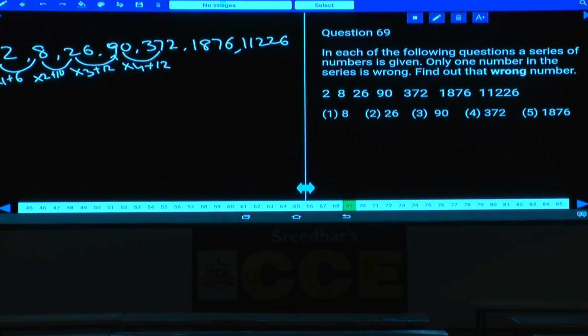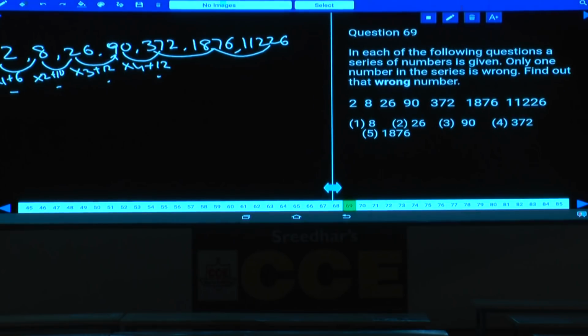Now check out the relation. Into 1, into 2, into 3, into 4, next one must be into 5, next one must be into 6. Now 6, 10, 12 were there, again it is 12, isn't it? Yes, again it is 12. Now check out this order. 2 into 1 plus 6, that is 8, 8 into 2, 16 plus 10, 26.